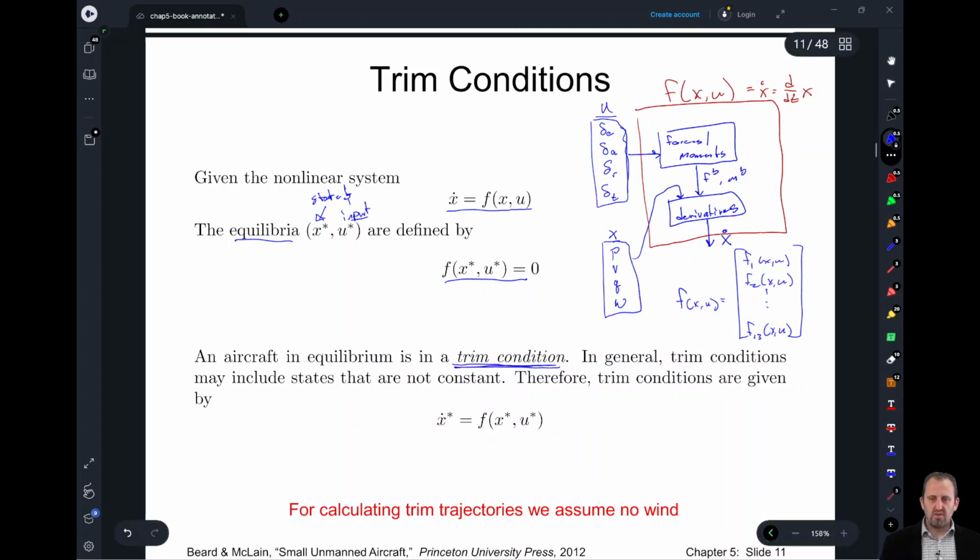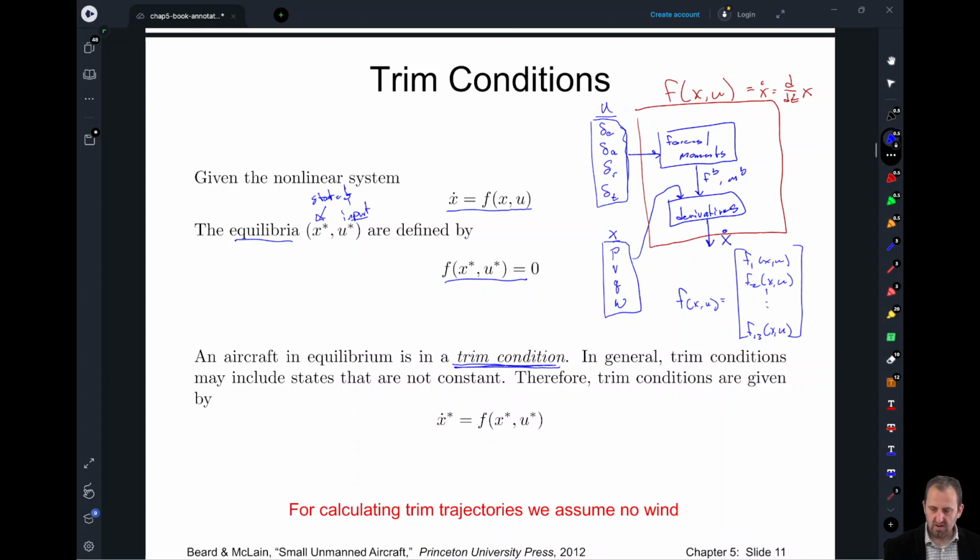In general, the trim conditions may include states that aren't constant. For our example, our aircraft is moving, and we want it to move, so our trim trajectory is going to be a moving trajectory. So we define our trim conditions. They're given by x dot star equal to f of x star, u star.